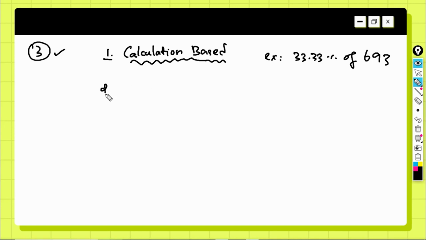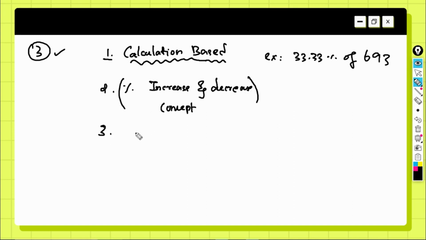Okay. Second concept is percentage increase and decrease concept. So this question will have one percentage increase and decrease. We'll understand it deeper using an example so that it will be easy for you to understand and replicate it.